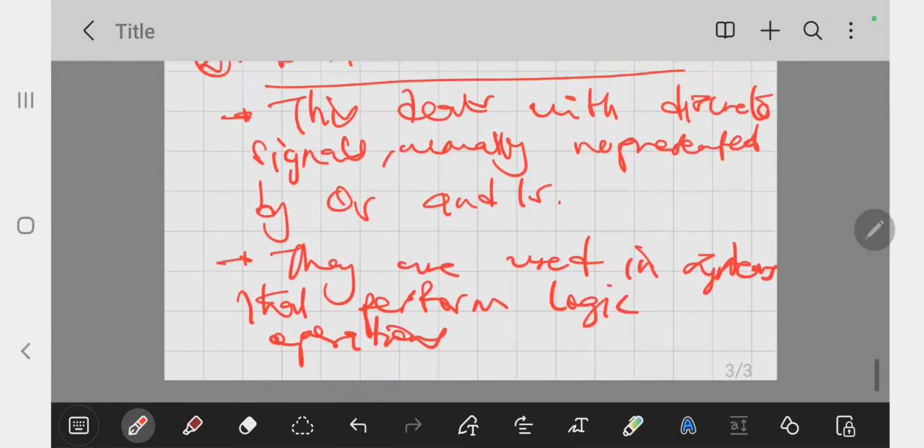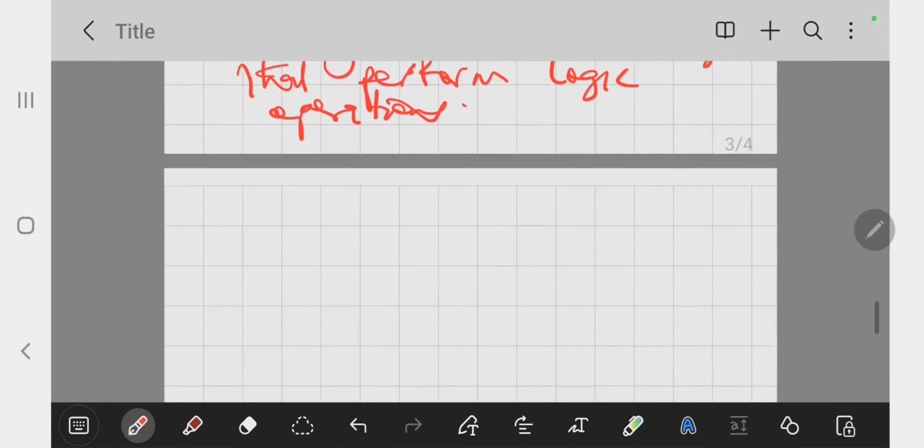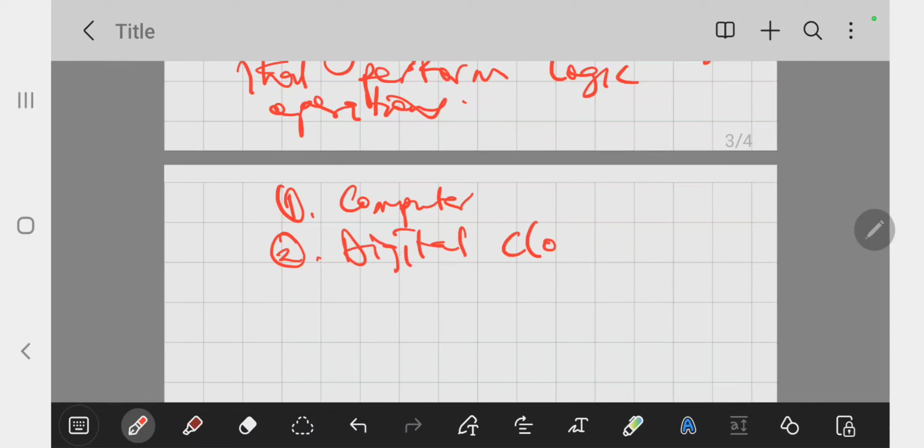A very good example is a computer processor. You can find this in number one, a computer. Number two, a digital clock, which has replaced the analog clock. And lastly, you also find this type of signal in calculators.